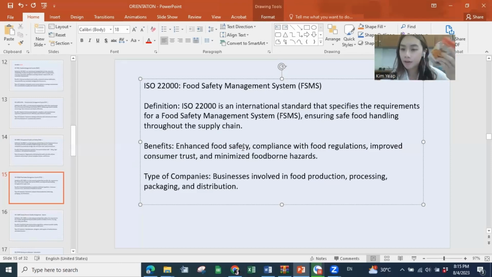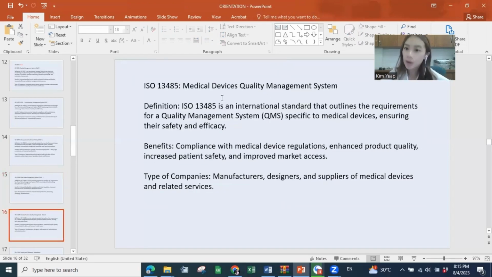Which one will you buy? Of course, the one that actually guarantees you the food safety, right? Okay, minimize foodborne hazards. Okay, who will actually need this ISO 22000? Businesses who are involved in food production, food processing, packaging, and if you are also distributing food, you can also follow this. 13485, okay, it's very similar to ISO 22000.